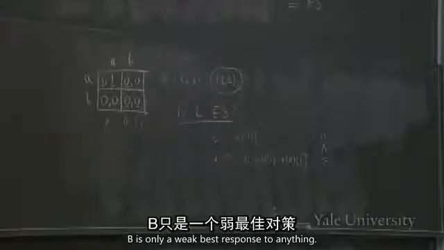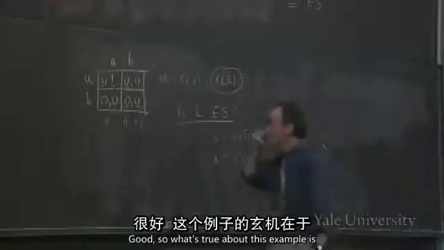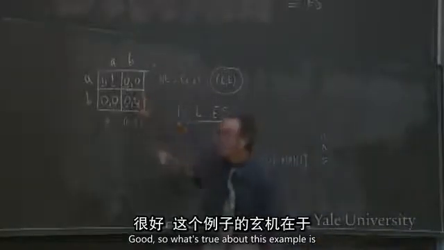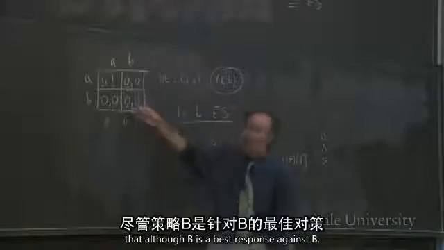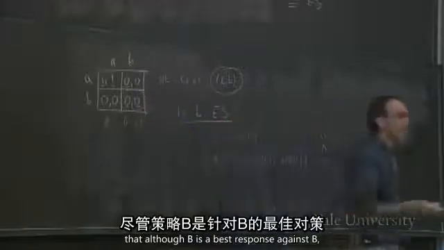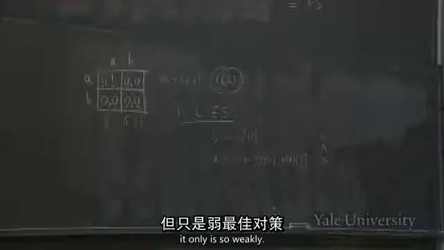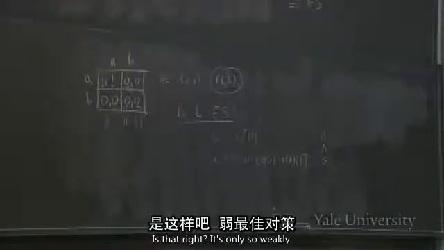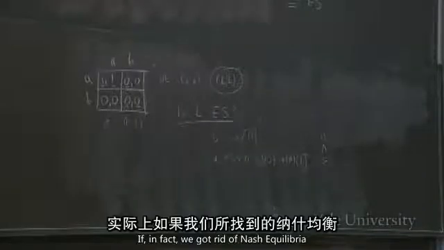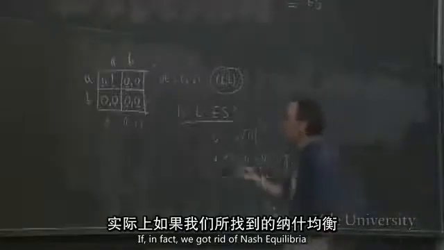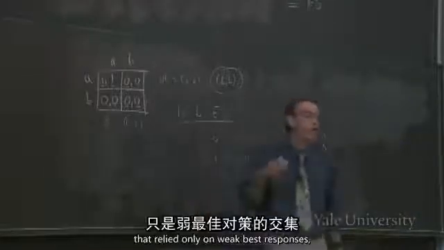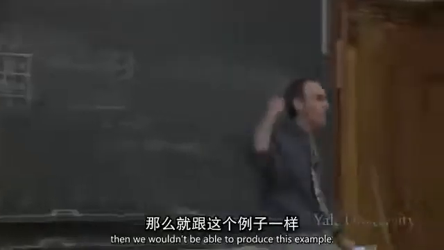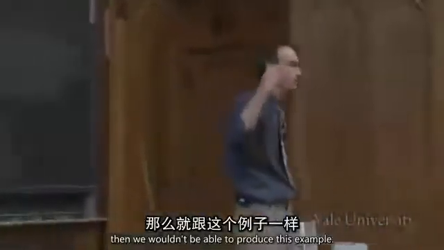B is only a weak best response to anything. Good. So what's true about this example is that although B is a best response against B, it is so only weakly. If we got rid of Nash equilibria that relied only on weak best responses, then we wouldn't be able to produce this example.